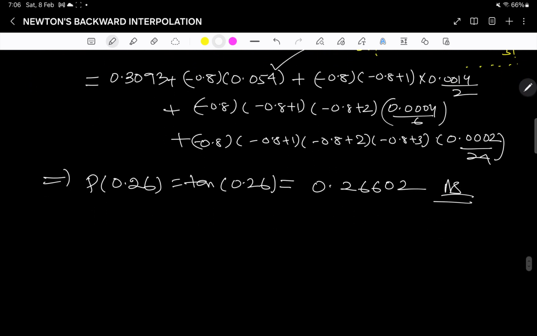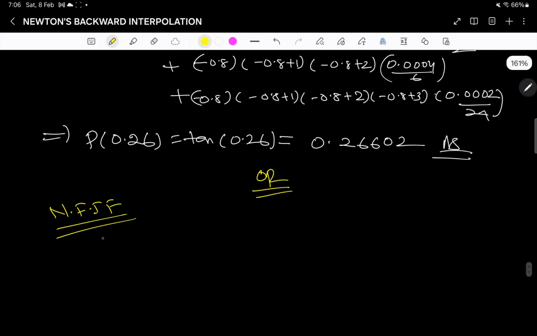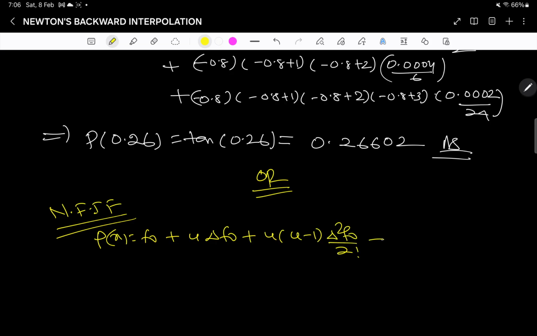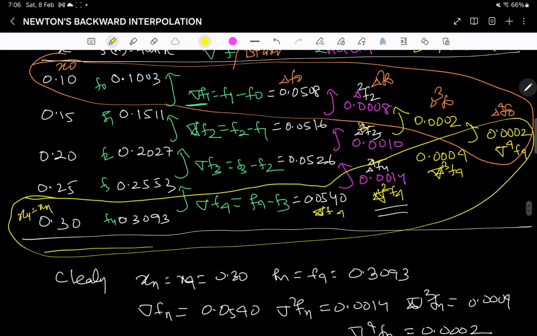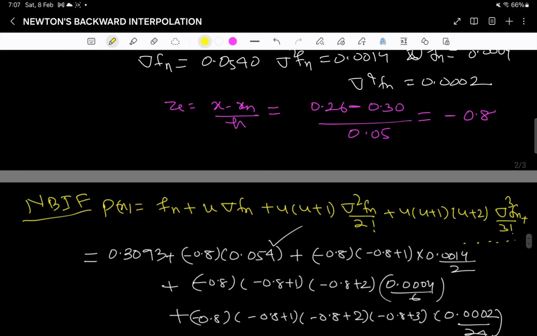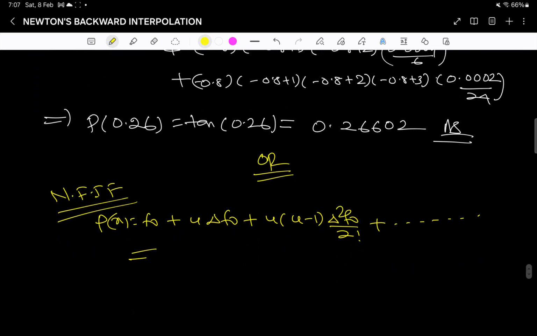Alternatively, if I want to apply the Newton forward interpolation formula, I can also solve it. It is p of x equal to f0 plus u del f0 plus u into u minus 1 del square f0 by factorial 2 plus so on. The value of f0 is 0.1003, plus u accordingly I have to compute here.